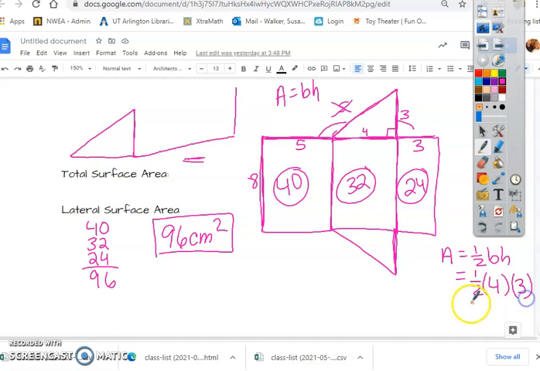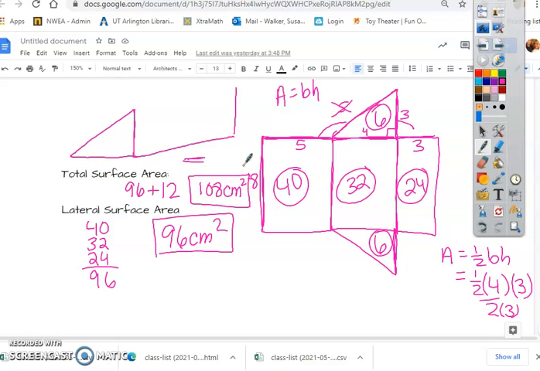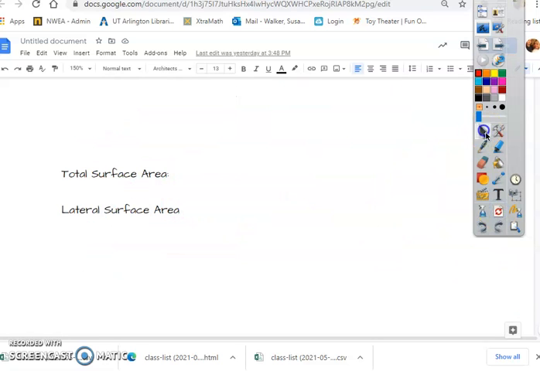Half of 4 is 2. 2 times 3 is 6. So this one is 6, and this one is 6. In order to find our total, we're going to do 96 plus 6 plus 6, which is 12, and that equals 108 centimeters squared. Okay? Guys, this is a really good skill to have, to be able to see 3D shapes and open them up. Very, very good skill to have.